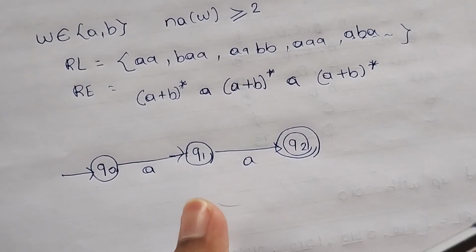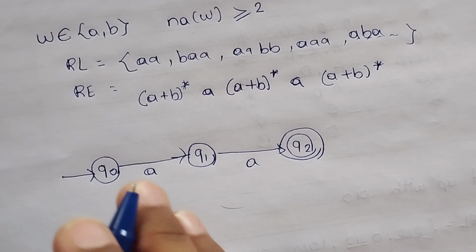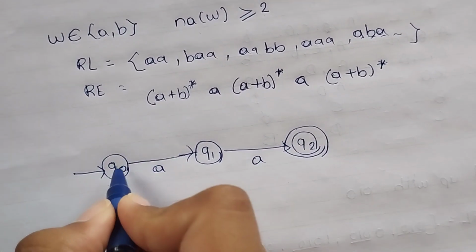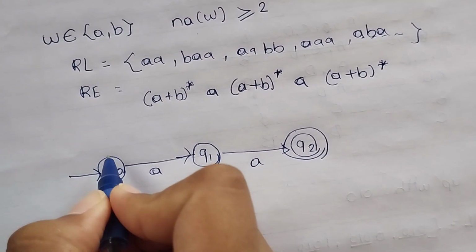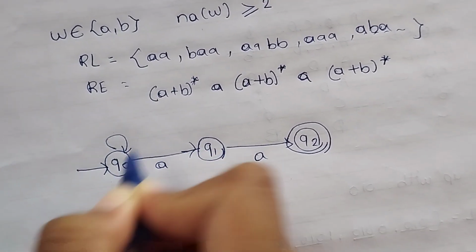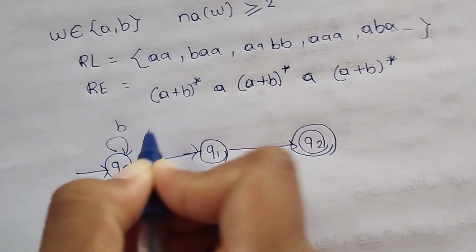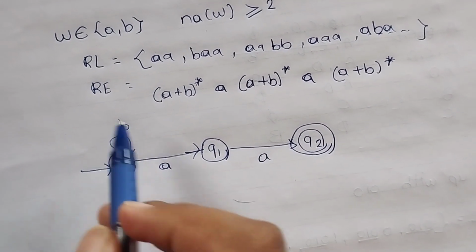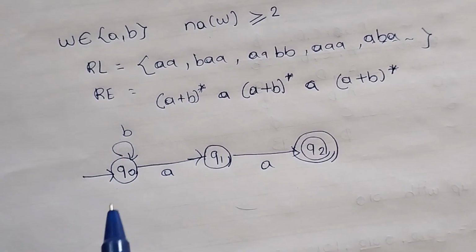Now think about the second variable, B. If B comes any number of times, it goes to Q0 itself. So B transfers to Q0 itself.